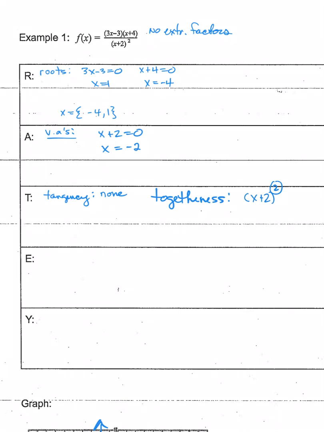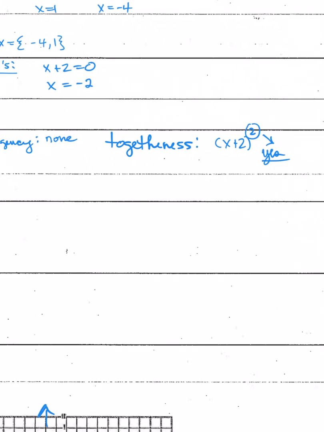We just don't know which way yet, do we? So we know both ends go in the same direction, right? It's either going to go this way or this way. Does everybody understand that? We'll figure out which way in just a few minutes, once we have a few more points on our graph.